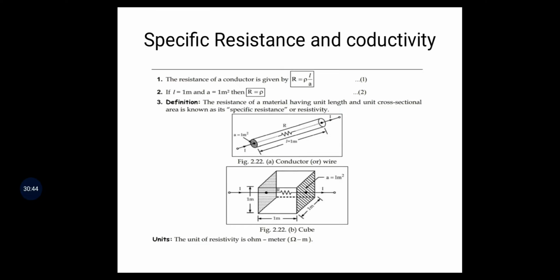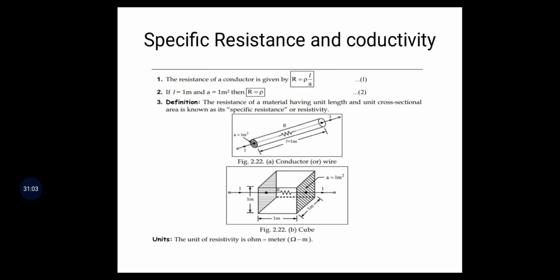If L equals 1 meter and A equals 1 meter square, then R equals rho.